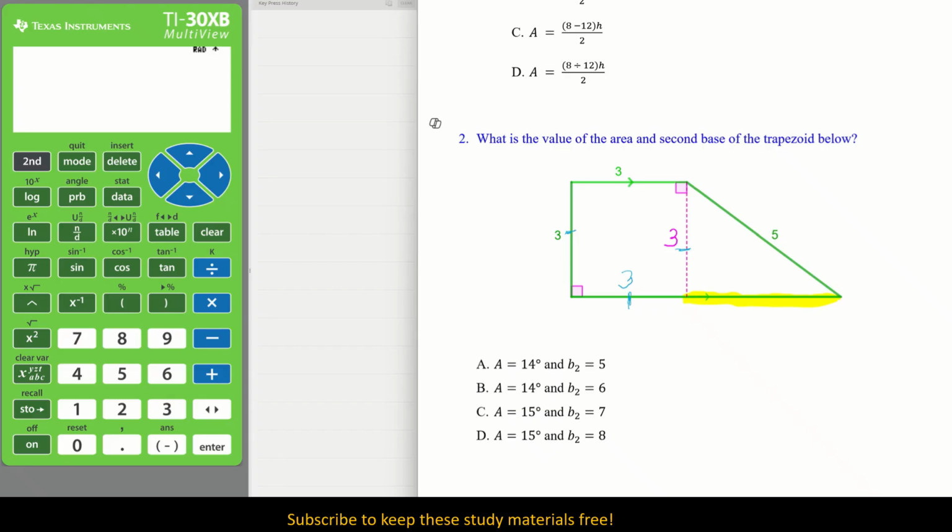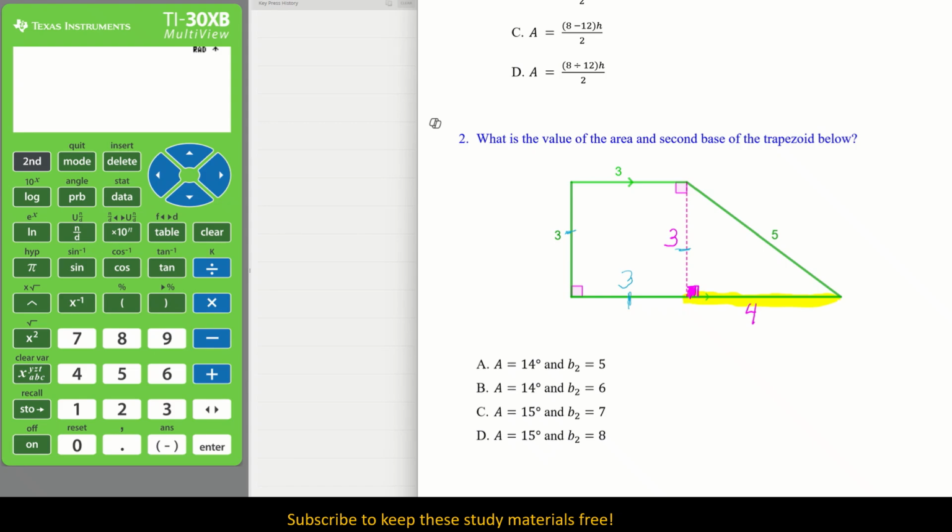Because of the square, all 4 angles are 90 degrees, and that guarantees the right angle on our triangle. So we have a 3, 4, 5 situation.